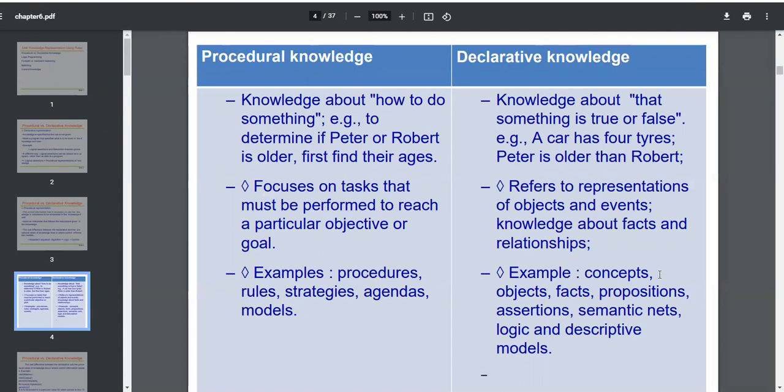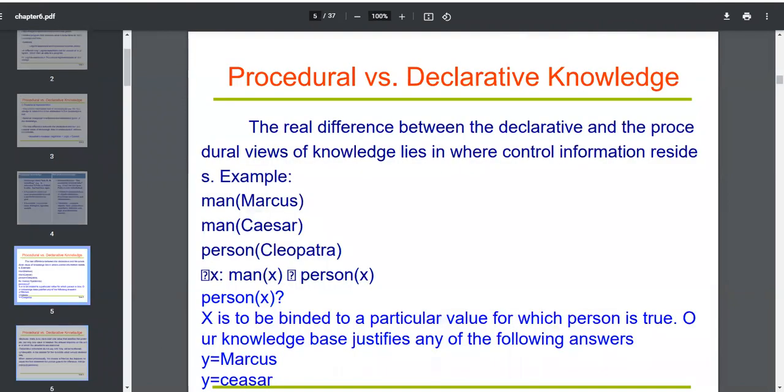So the major difference we found between procedural and declarative knowledge is the control information. Control information is inherently embedded inside knowledge in procedural knowledge representation, but control information needs to be added extra in declarative knowledge representation.